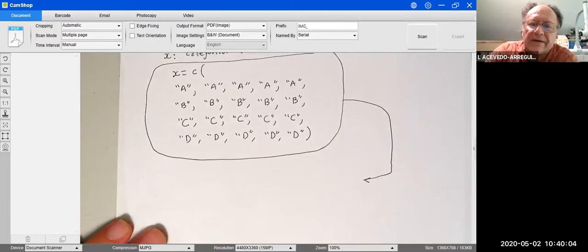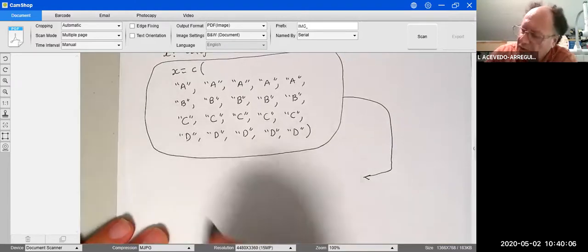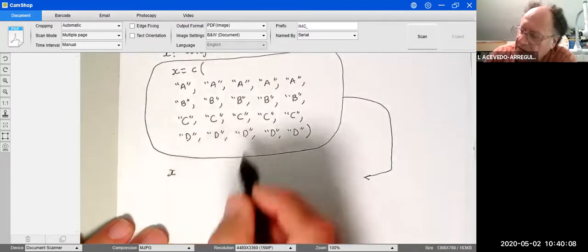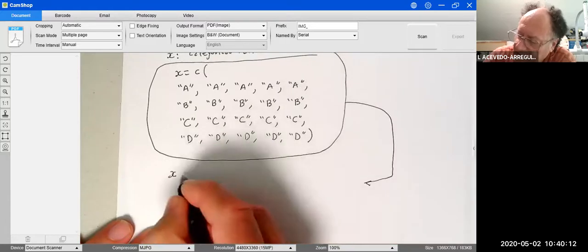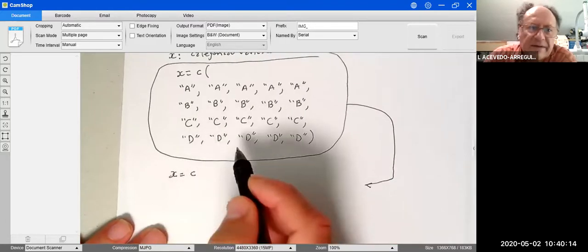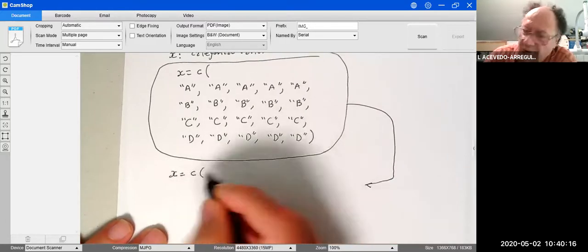So we're going to enter now our values in the following way. This is just for you to know what we are doing, but in R, you can just enter X equals lowercase c.